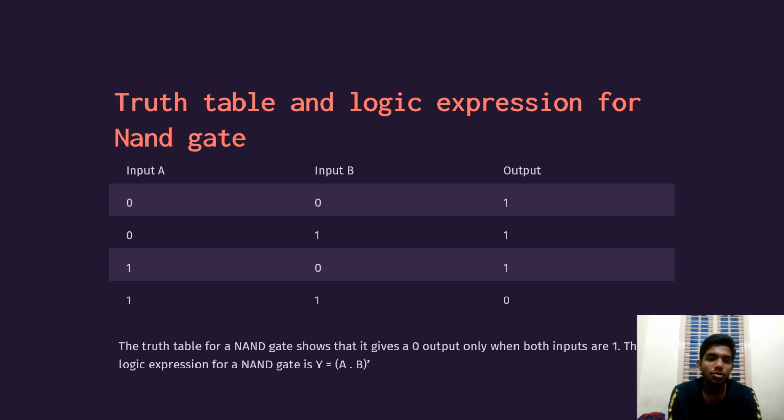If input A is 1 and input B is 0, then the output will be 1. If both inputs are 1, then the output will be 0. This shows that it gives 0 output only when both inputs are 1. So the logical expression for the NAND gate is Y equals (A dot B) whole bar.